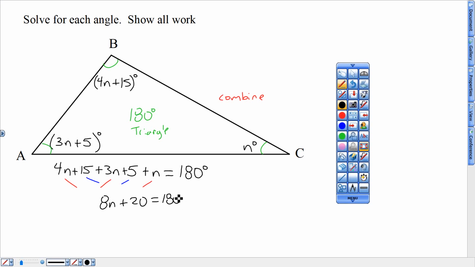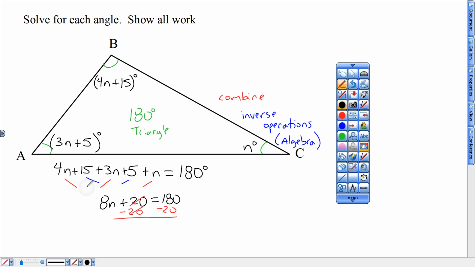And now I'm going to do inverse operations, which is a fancy word for just solve it doing typical algebra. So here we go. The opposite of adding this 20 is subtracting 20 on both sides. That will make that go away.